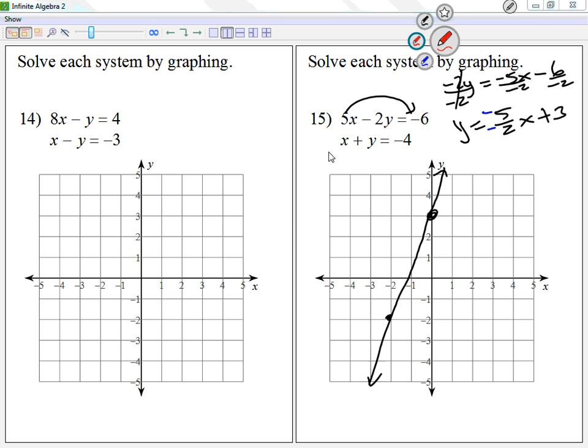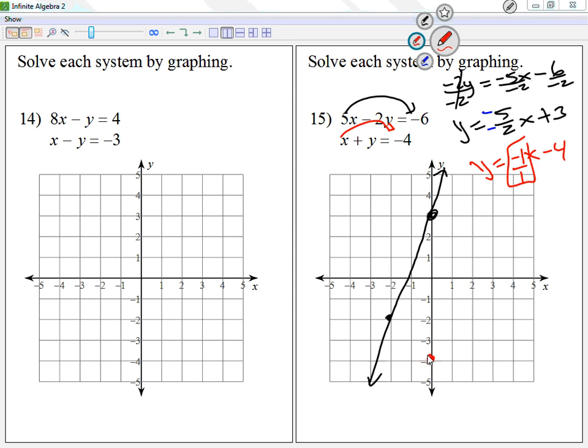Now for the second equation, move the x to the right. So you have y equals negative x minus 4. So I already have y by itself. I'm going to start at negative 4. My slope technically is negative 1. I want it as a fraction, so negative 1 over 1.